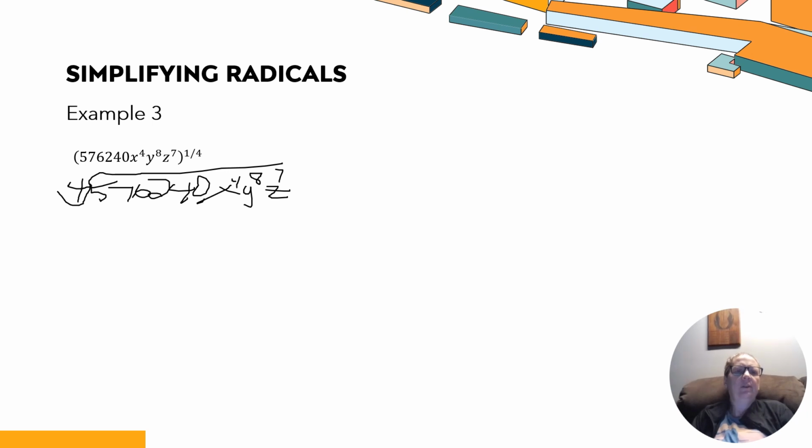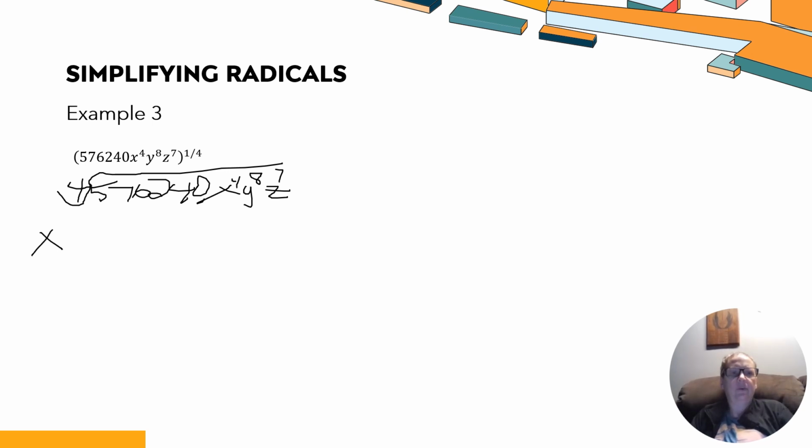So for the 4th root of the number, I would do prime factorization. For the things raised to a power you want to divide. So basically you take the exponent and you divide by the index. The number that it divides goes out as the exponent on the letter. The number that's the remainder stays inside as the exponent on the letter. So 4 divided by 4 is 1.